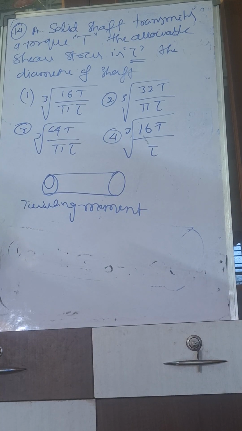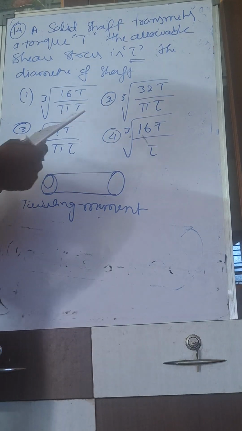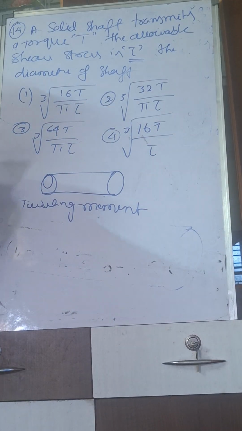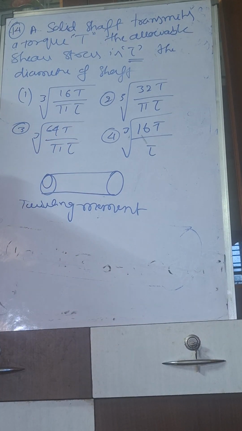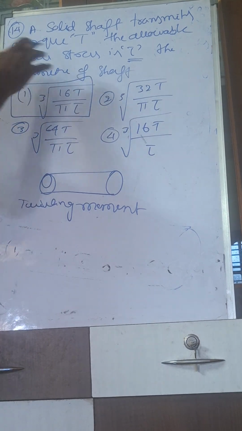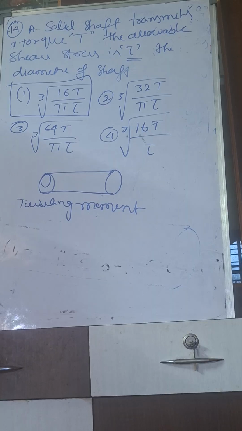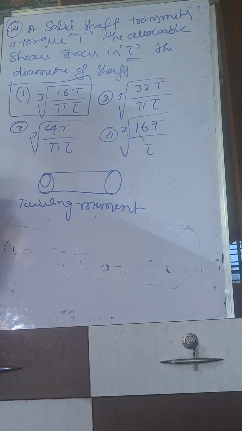See, let me write one diagram. T by J equals tau by R. The answer is this one: cube root of 16T by pi tau. I will give the explanation.